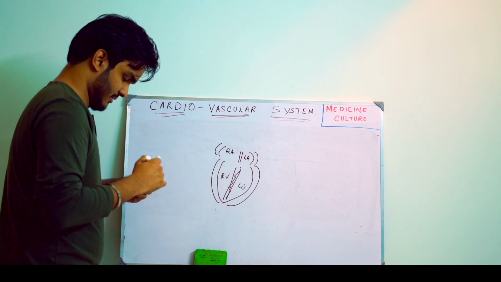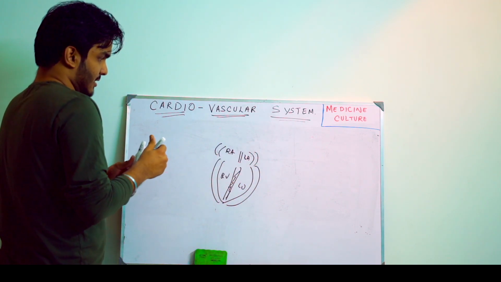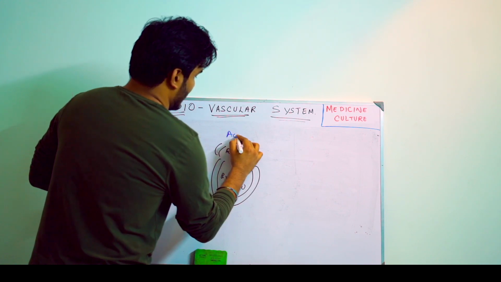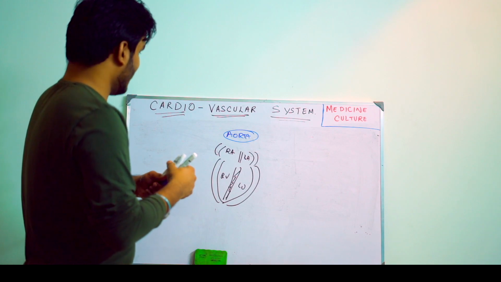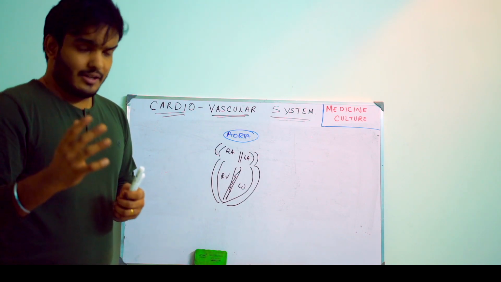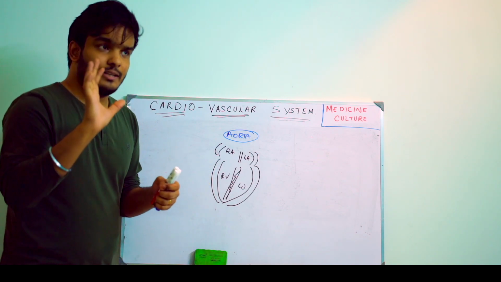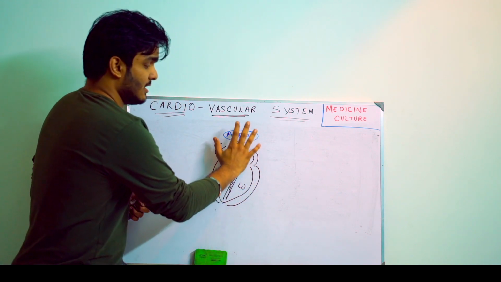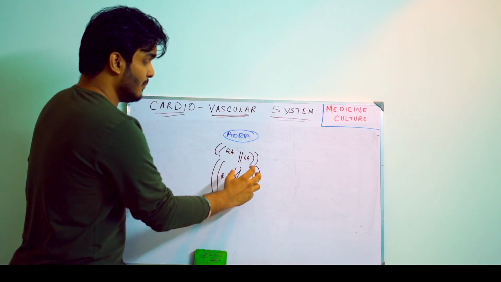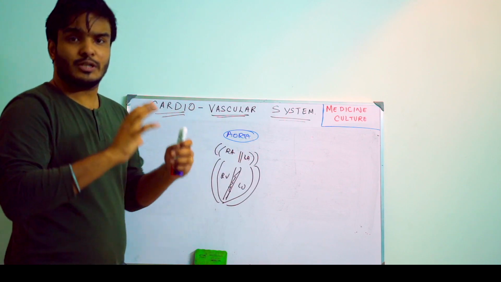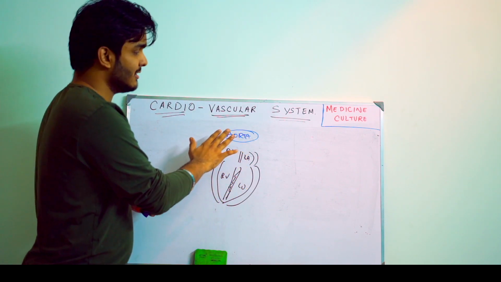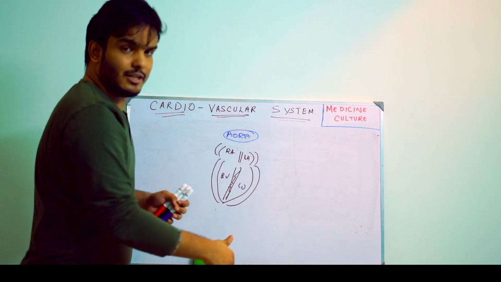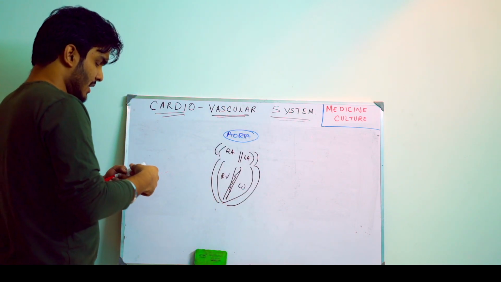Let's take the aorta here. I said the right coronary artery is a branch of the ascending aorta. The aorta ascends from the left ventricle; the blood is pumped through the aorta. First there is the ascending aorta, then the aortic arch, then the descending aorta. We all know it.